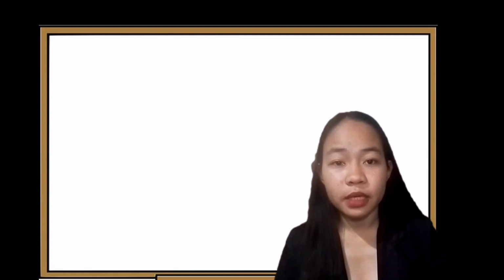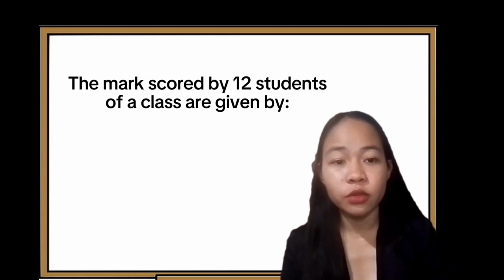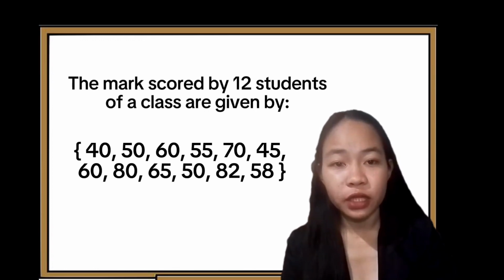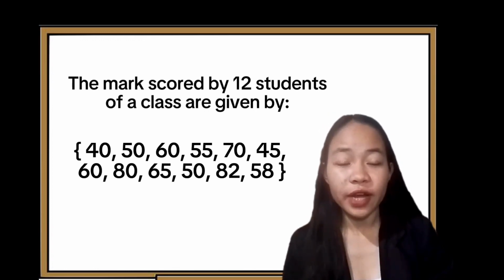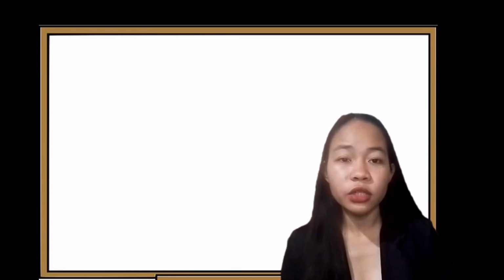So, another example. Here the problem is: the marks scored by 12 students of a class are given by 40, 50, 60, 55, 70, 45, 60, 80, 65, 50, 82, and 58. Find the median marks of the given students. The solution here is, first, we need to arrange the data in ascending order.